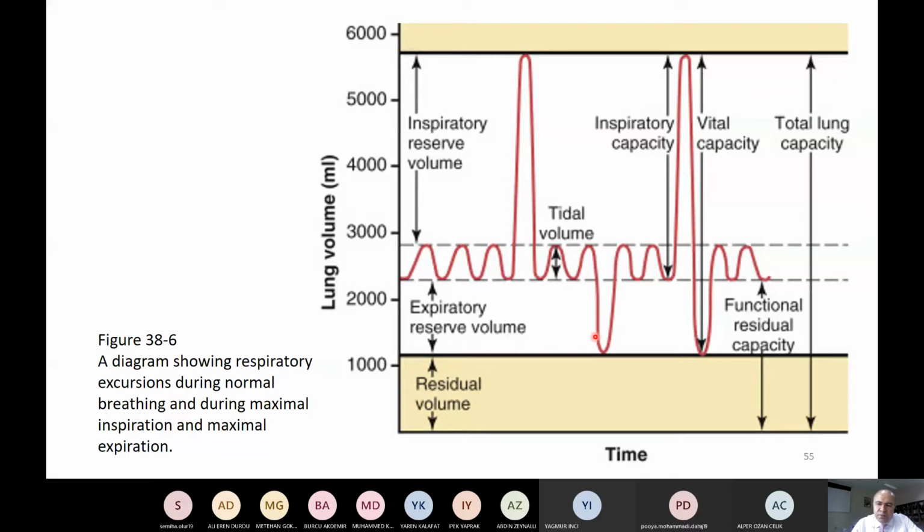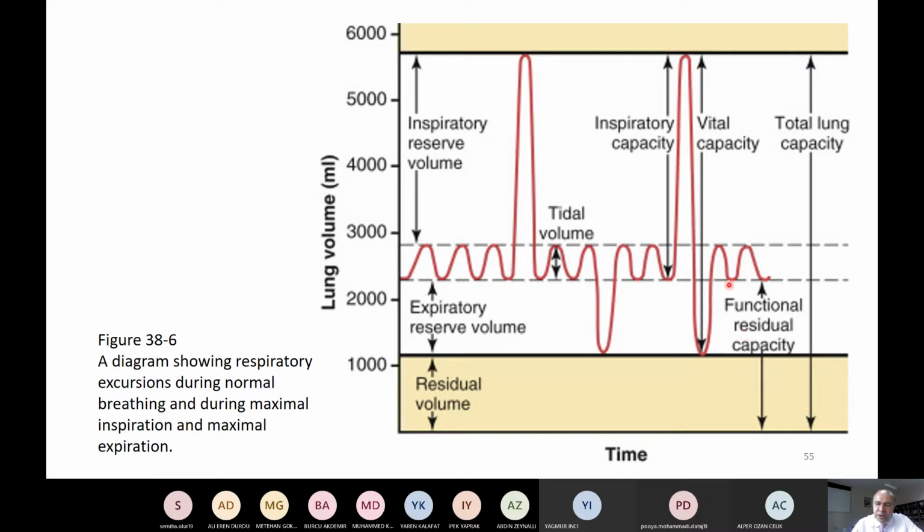The inspiratory capacity consists of tidal volume and inspiratory reserve volume, so it equals 3000 plus 500, altogether 3500 milliliters. If we look at functional residual capacity, it includes expiratory reserve volume plus residual volume. So it is called functional residual capacity.